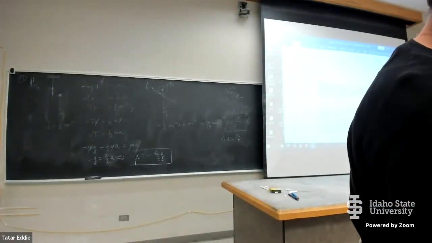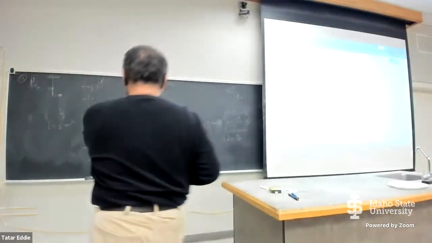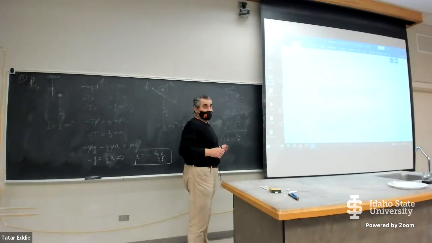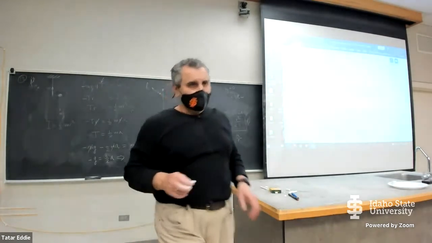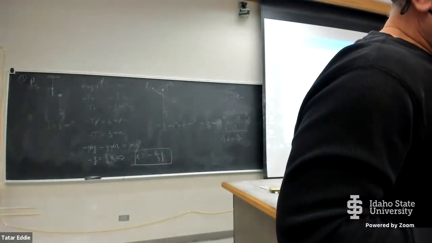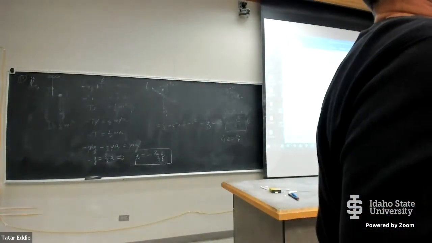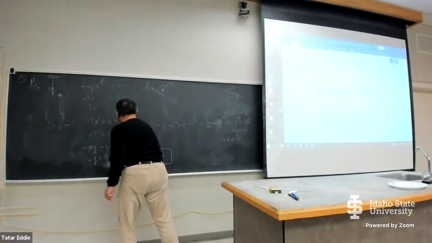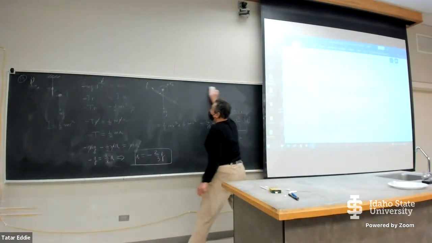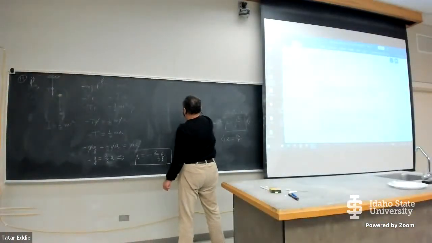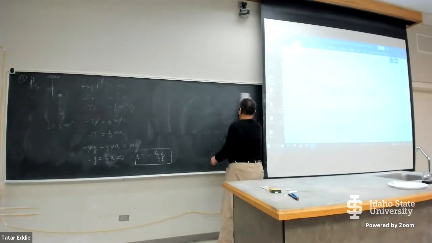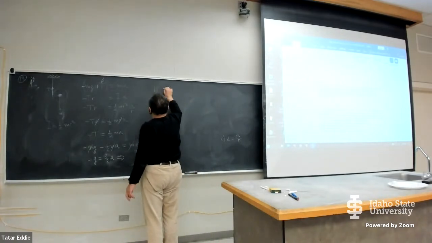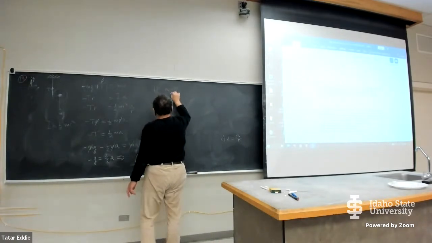Part C, angular acceleration. Well, linear acceleration is this, angular acceleration is going to be this, just divided by the radius. Part D, what is the angular speed in 1.5 seconds? So for part D, you started from rest.